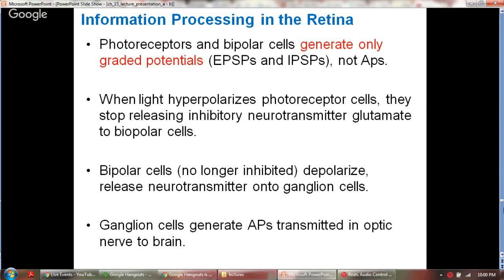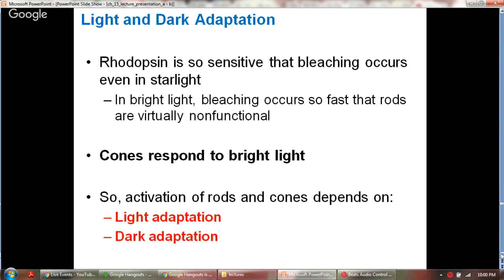These ganglion cells then generate the action potential, which is transmitted into the optic nerve and to the brain. So that is important.